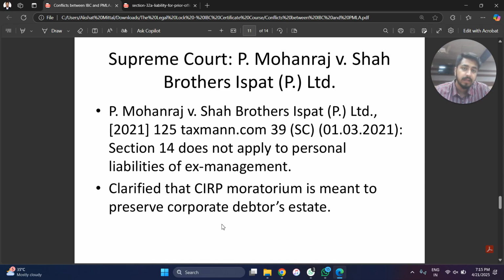Going by that logic, they said that Section 14 does not affect the Section 138 Negotiable Instruments Act proceedings.